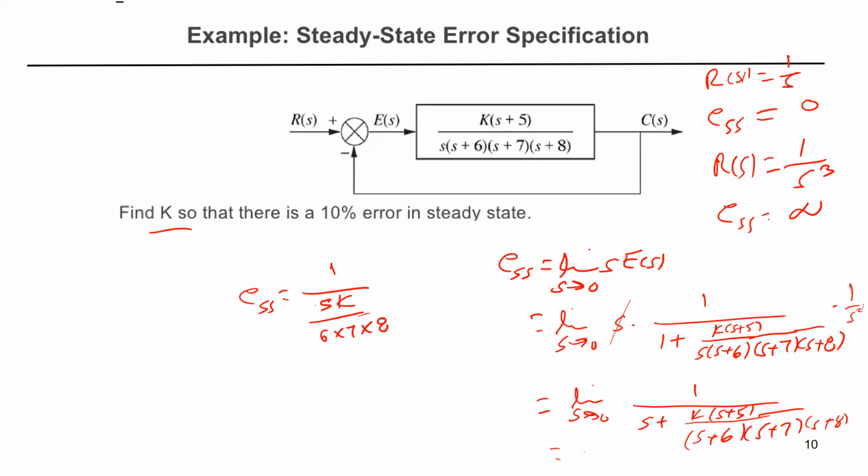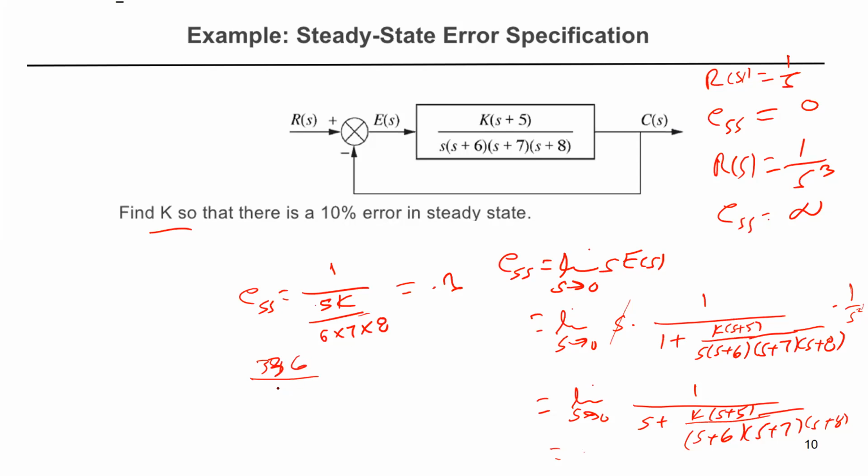So I want this one to be 0.1. The steady state error, 10%, so it's 0.1. Basically I have whatever this multiplication, 6 times 7 times 8, is. It will be 42 times 8, I think 336, I'm not sure.